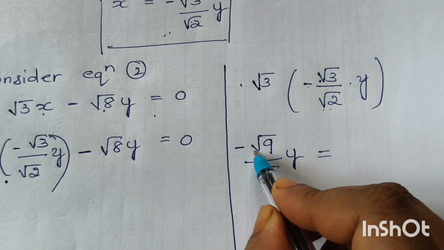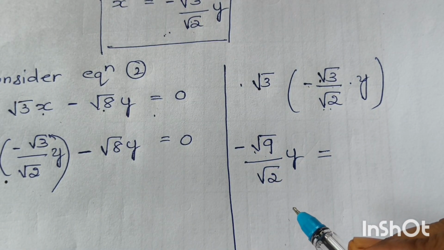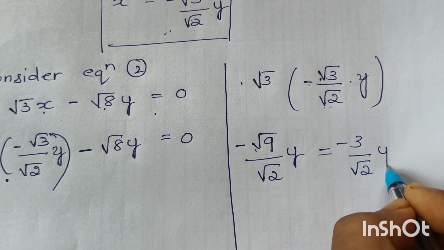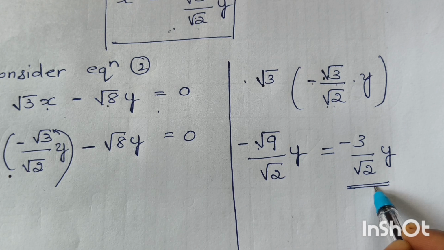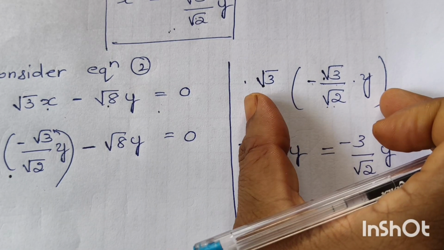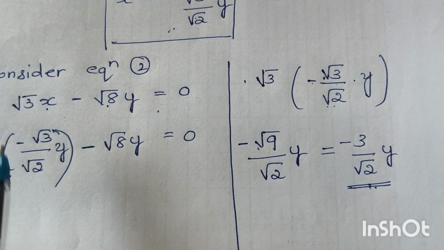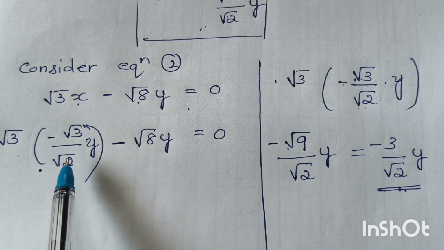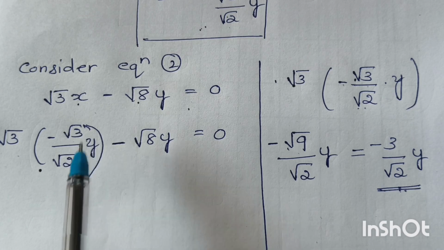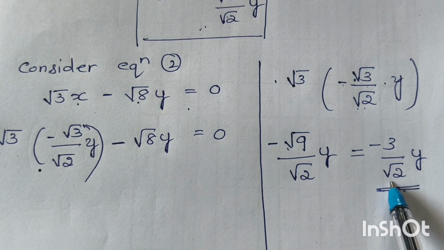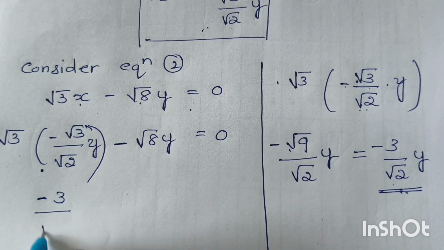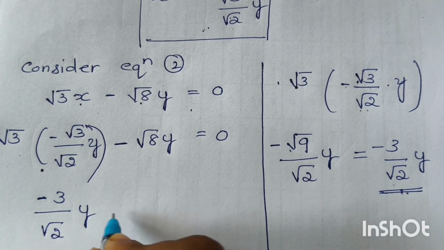Root 9 is nothing but 3, that is minus 3 by root 2 into y. This is the simplified answer of this term. Therefore, this root 3 into minus root 3 divided by root 2 into y can be written as minus 3 by root 2 into y.